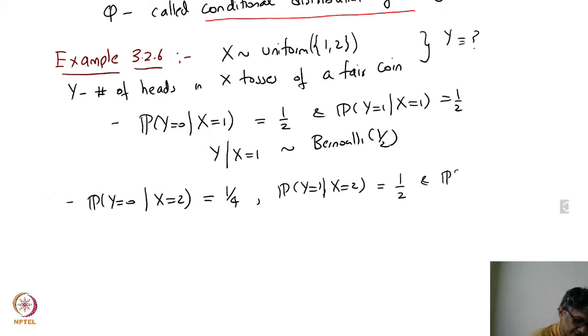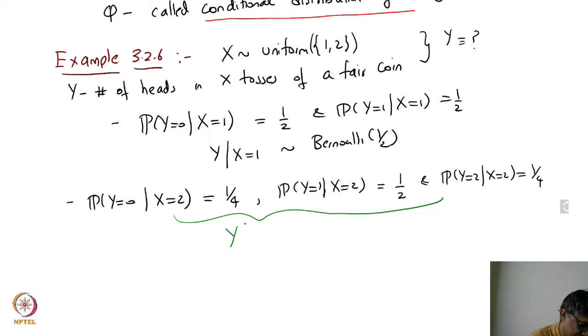And the chance that Y equal to 2 given X equal to 2 is 1/4. So these three numbers specified the distribution of Y given X equal to 2.